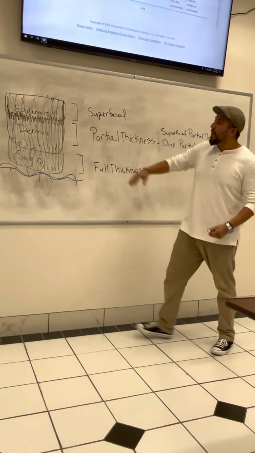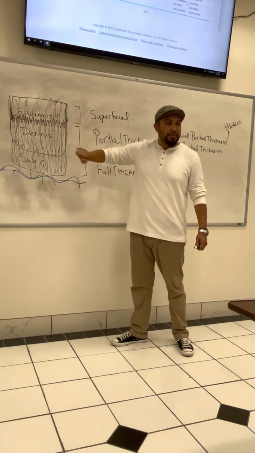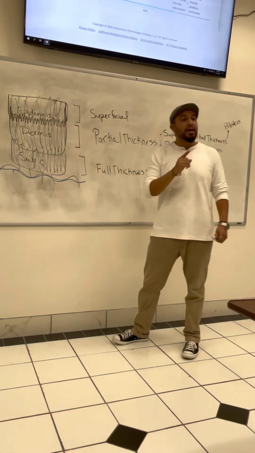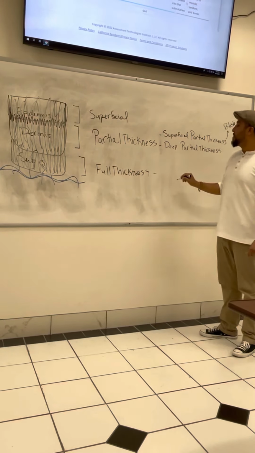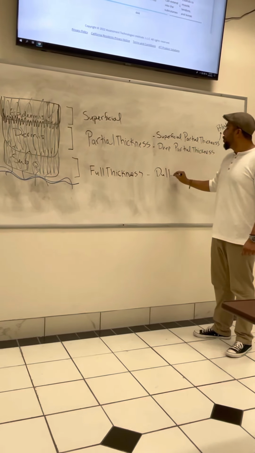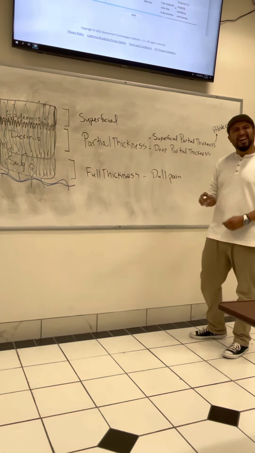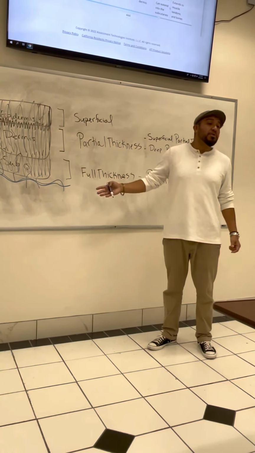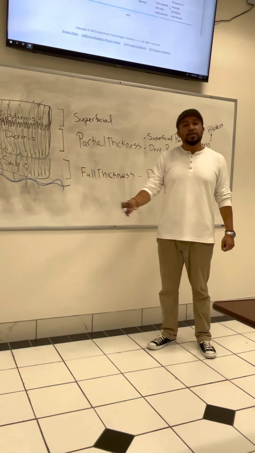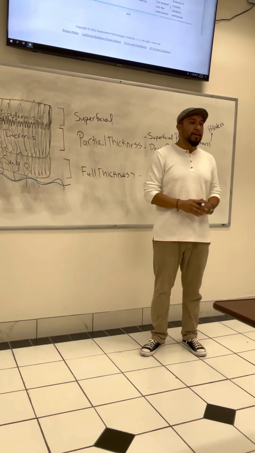And that means that it has destroyed the epidermis, the dermis, the subcutaneous tissue, and now it's destroyed the nerves. So people that have full thickness burns have dull pain, which is just kind of, yeah, it's painful, but it's not sharp, it's not that severe, because the nerves are destroyed. Does that make sense?